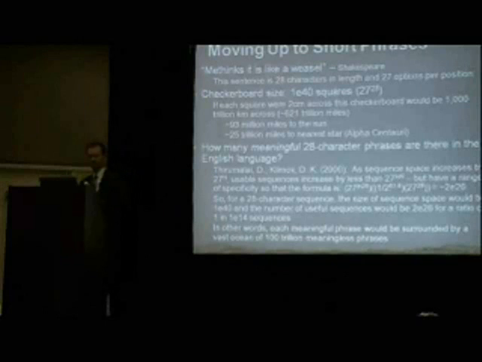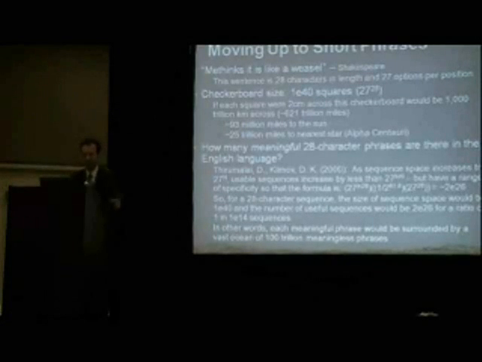But then there's this paper that came out in 2000 where they estimated beneficial sequences in protein space. They said that as sequence space increases by 27 to the n, where n is the size of the sequence and 27 is the number of characters, unstable or non-beneficial sequences increase by less than 27 to the natural log of n, which means there's a huge difference between the exponential of n and the natural log of n.